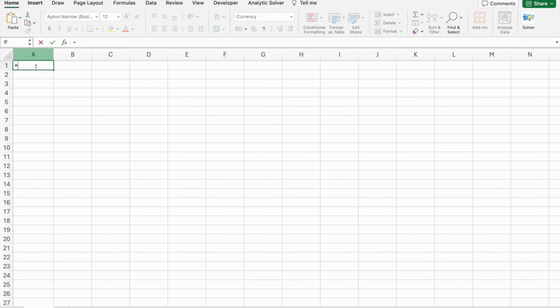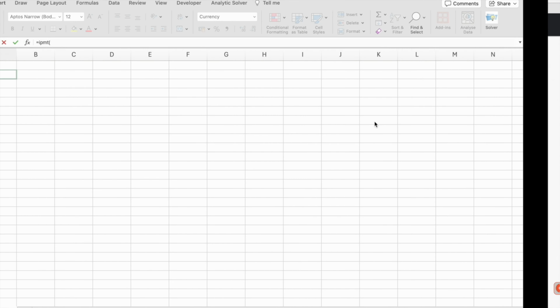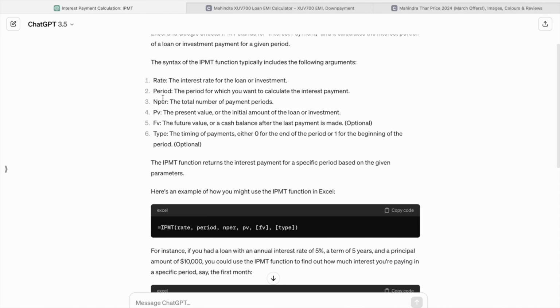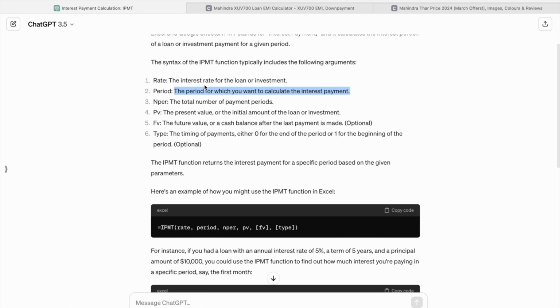As you can see, IPMT: first is the rate. Here the interest rate is 9.8%, so 0.098 per 12 months. Then PER means the period for which you want to calculate the interest payment. We want to calculate interest for the first month. Then NPER, which means the total number of payment periods.